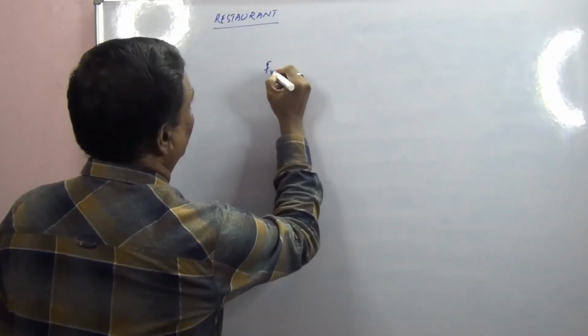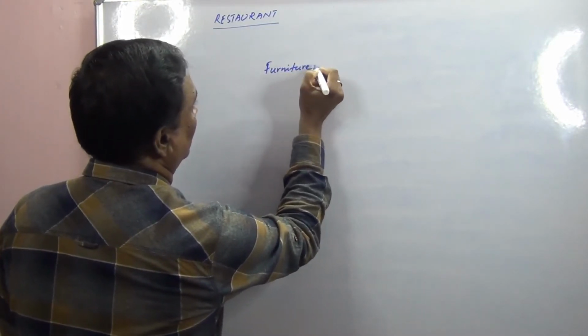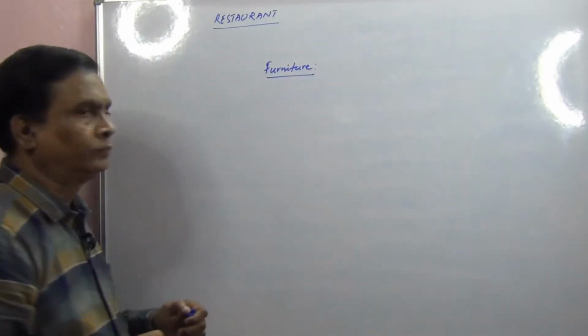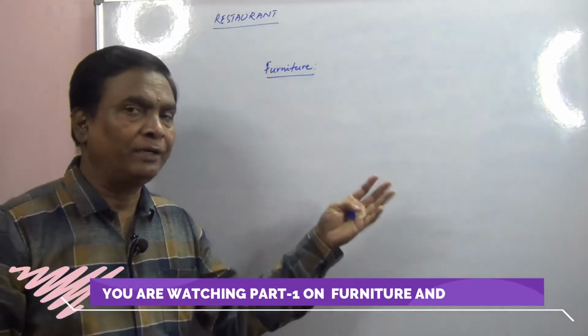Furniture. What are the different types of furniture you find in a restaurant?